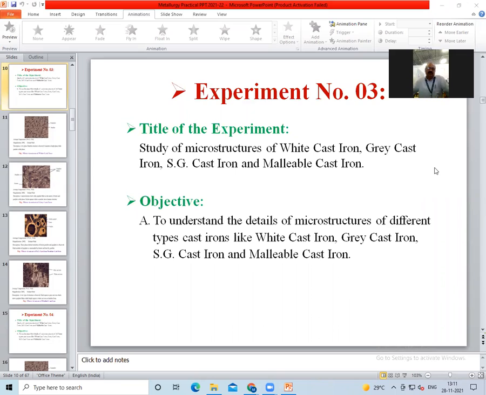If the microstructure is cementite or martensite, then it is very critical to make a machining operation, maybe drilling, tapping, turning, facing, etc. Okay. So before making any operations, along with the mechanical properties, along with chemical properties, we need to study the microstructure.